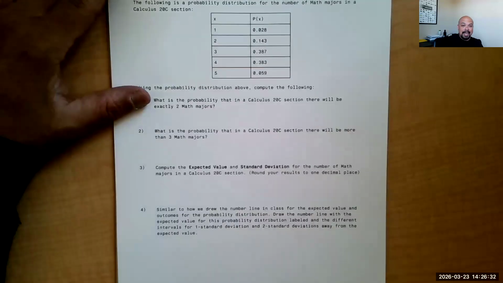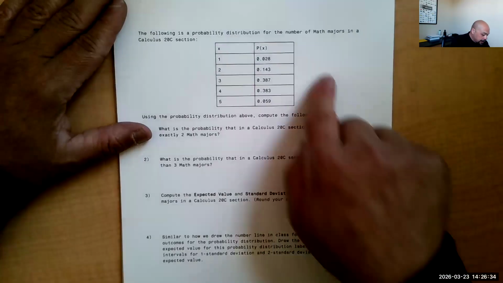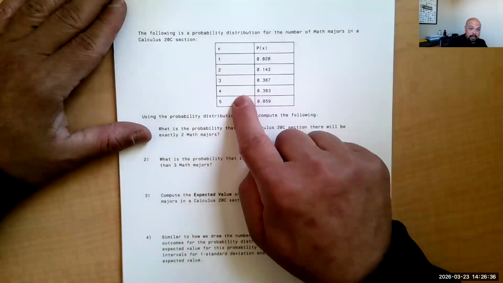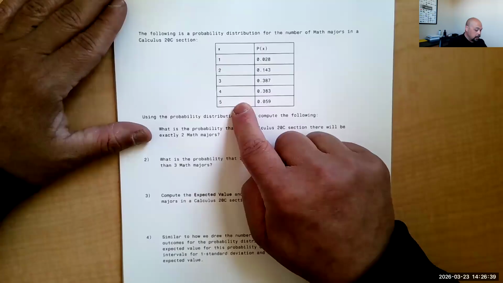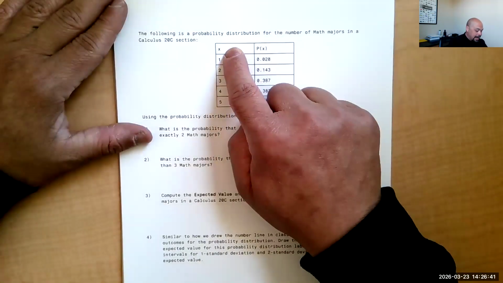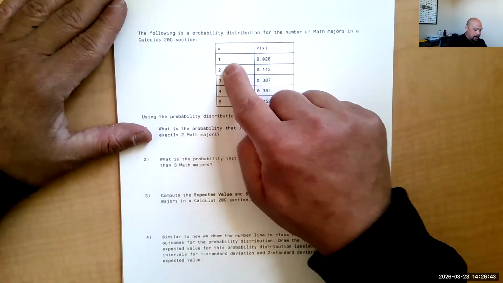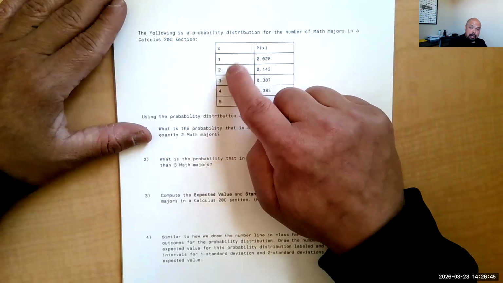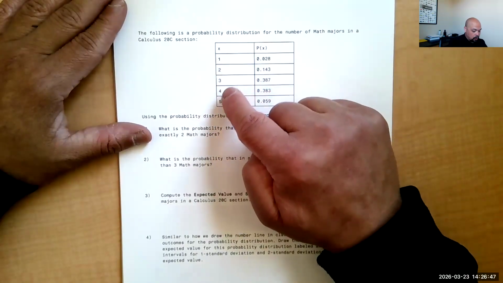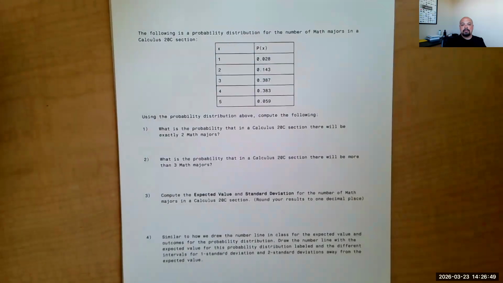So I'm going to share some notes here, some practice that we're going to see in our calculation. Let's see how this goes. Looking at this example, we have a discrete variable probability distribution, with our variable x represented by these distinct discrete values: 1, 2, 3, 4, 5. They can be a lot of different possible values.